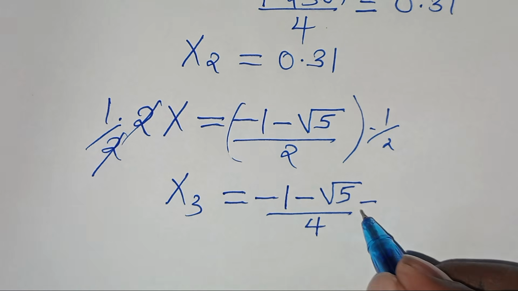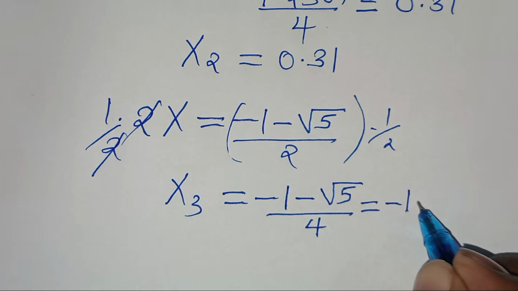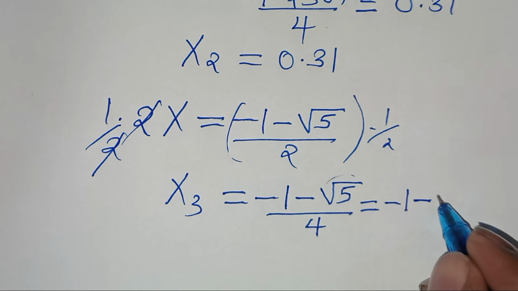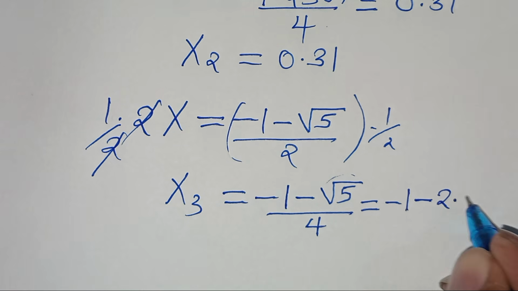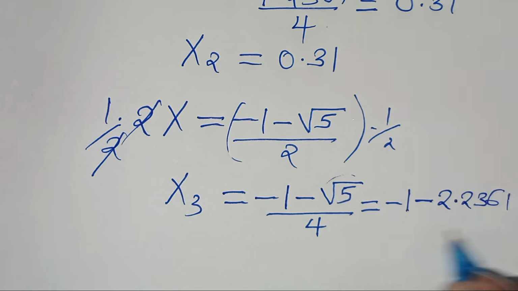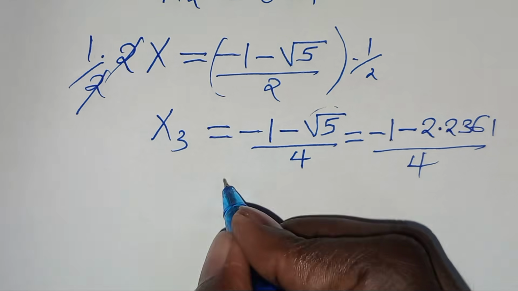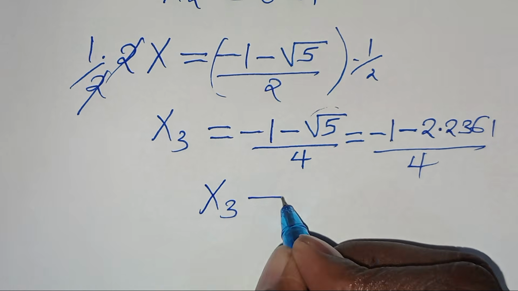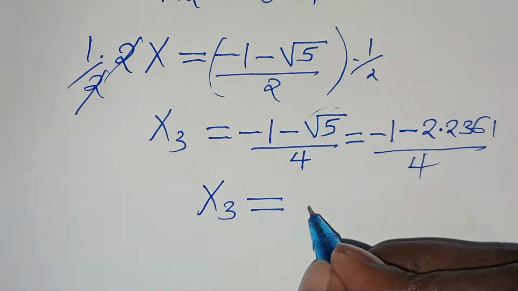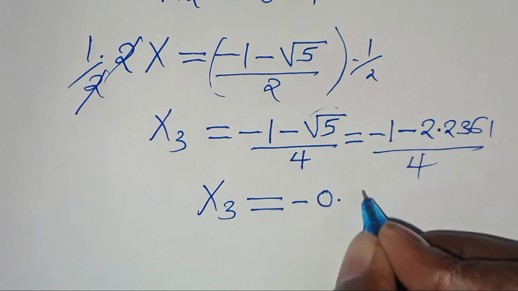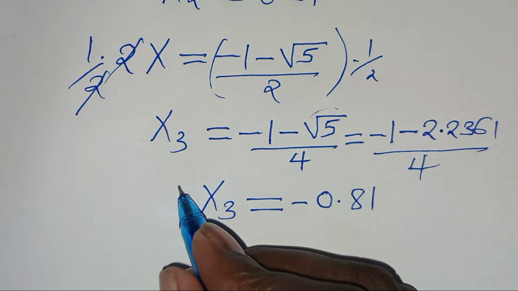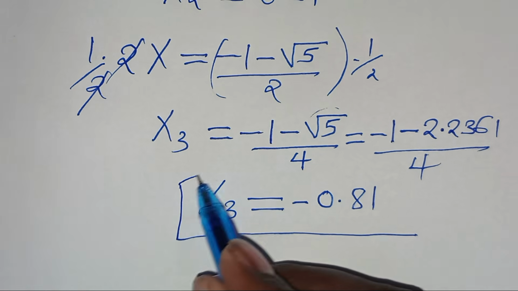So this is the same thing as negative 1, subtract square root of 5, which is 2.2361, divided by 4. We have x3, this is approximately equal to negative 0.81. This is the value of x3.